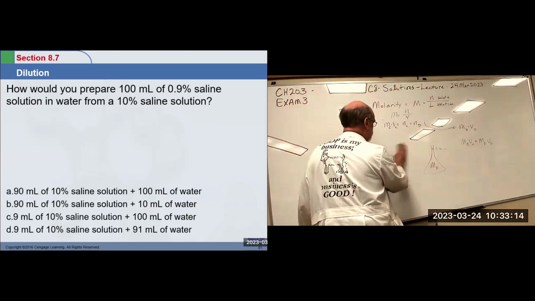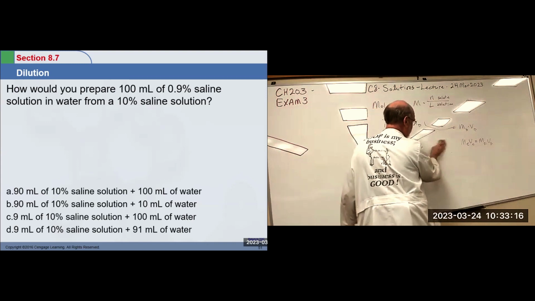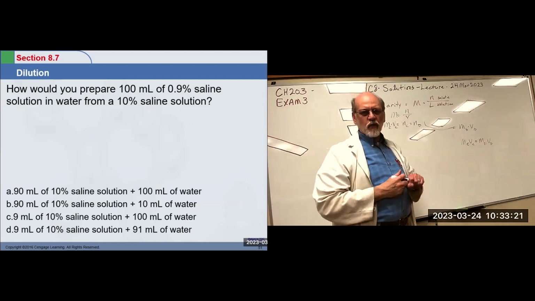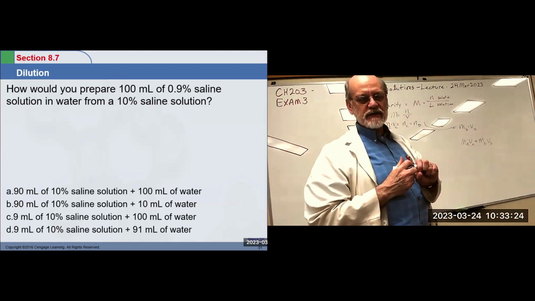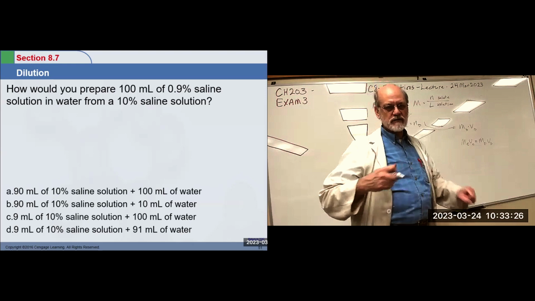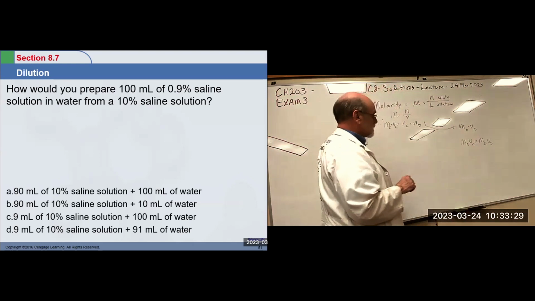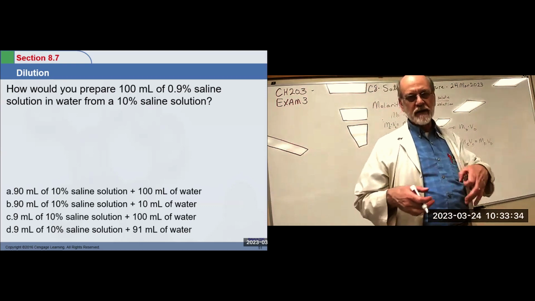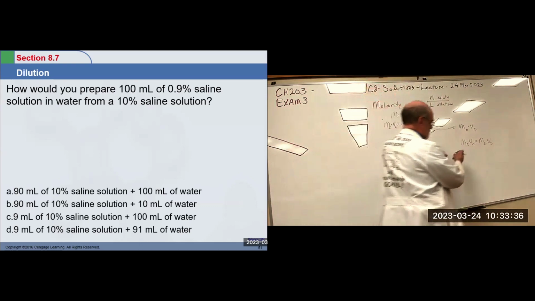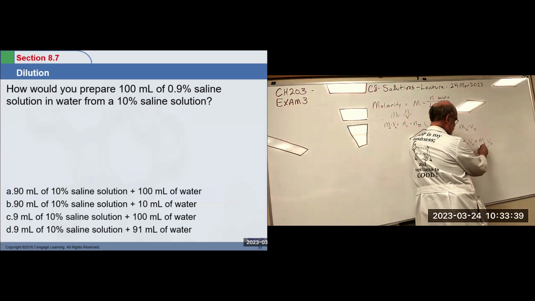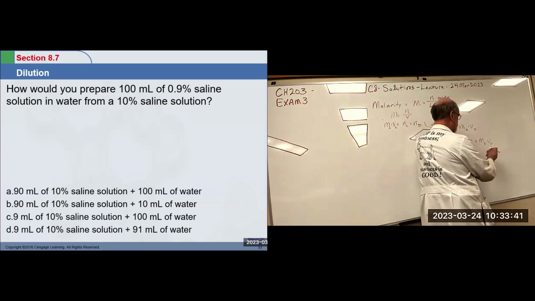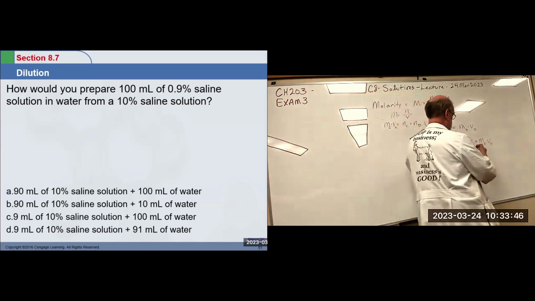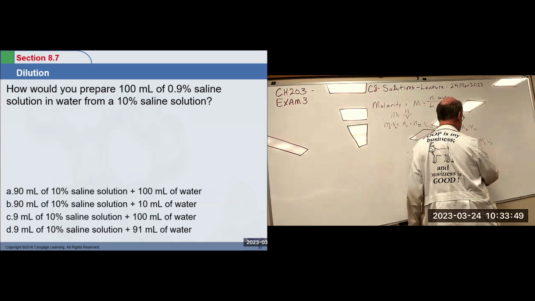Okay. So let's take an example. How would you prepare 100 milliliters of 0.9% saline solution in water from a 10% saline solution? All right, if they're going to be the same percent expressions, which would be mass per unit volume, then notice that molarity is the same on both sides, volume is the same on both sides. This could also work with any other form of expression for concentration.